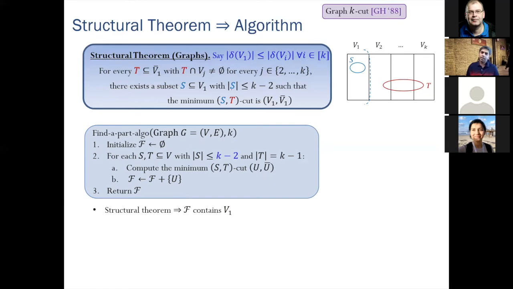Well, consider applying the structural theorem to the set T that has exactly one vertex from each of V2 through Vk. The size of such a set T is K minus 1. And the structural theorem tells us that there is a subset S of size at most K minus 2, such that the minimum ST cut is exactly V1, V1 bar. Now, such a pair ST is considered by this procedure, so V1 will be in the family F.